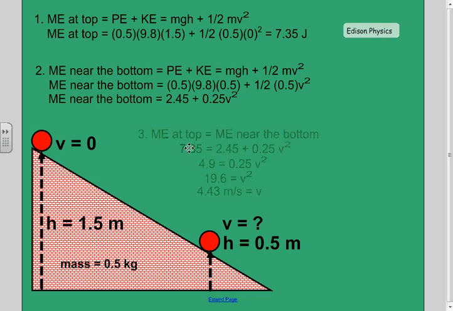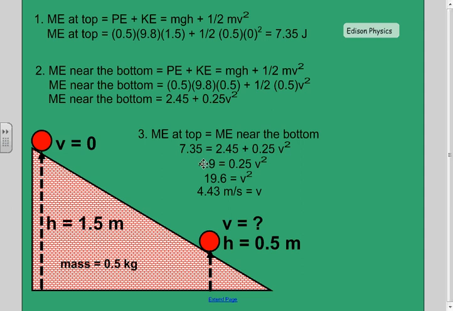Step 3 says force them to be equal. So we make the ME at the top equal to the ME near the bottom. I make my substitution. 7.35 equals 2.45 plus 0.25 v squared. And now it's an algebra problem. To solve for v squared, the first thing I'm going to do is subtract 2.45 from both sides.